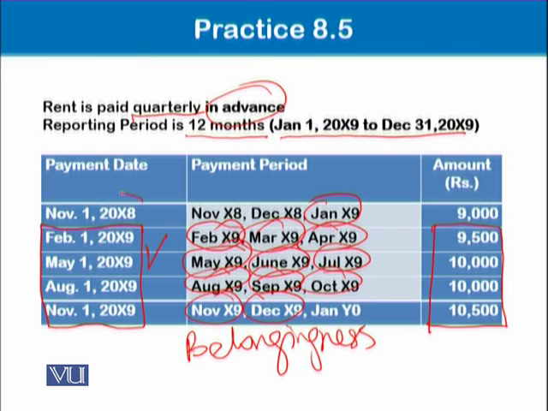So in the previous year, only 1 month, January X9, belongs to our reporting period, so that was paid in advance in the previous year.